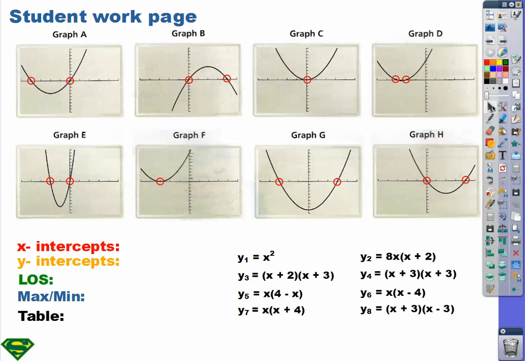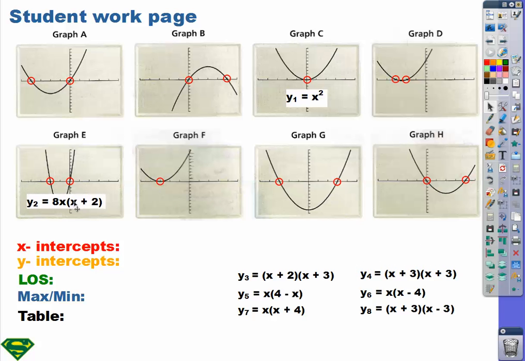Let's match these. I'm going to match by finding x-intercepts. This one is going to have x-intercepts of -2 and 0, because this binomial needs to be equal to 0, and I'll talk about that more later.